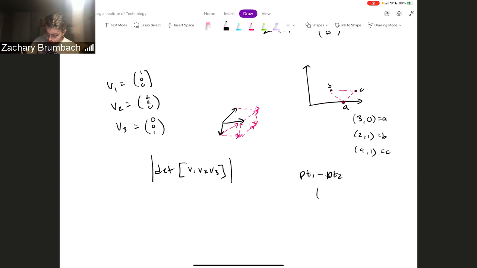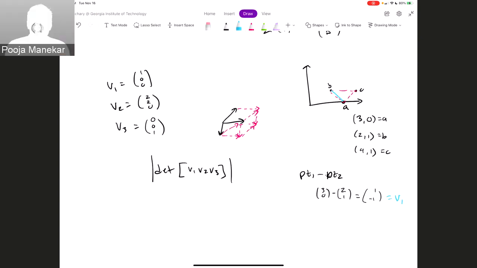So (3, 0) minus (2, 1) is (1, -1). That is from B to A. This is our vector 1. That's this vector here.